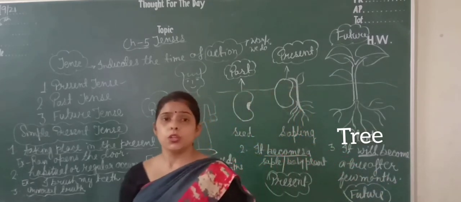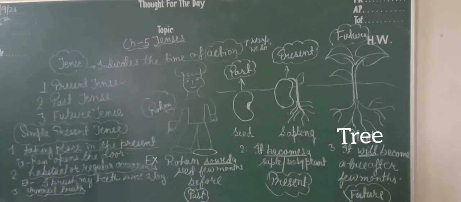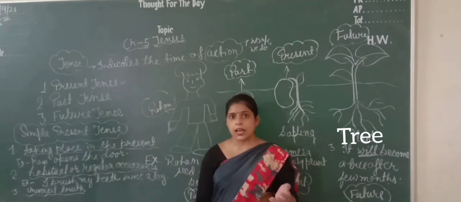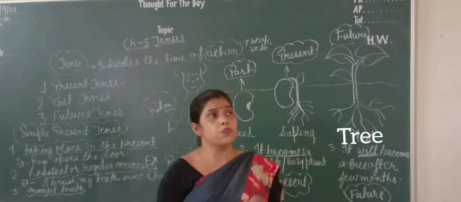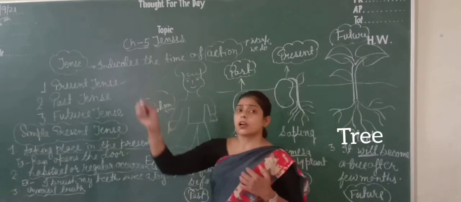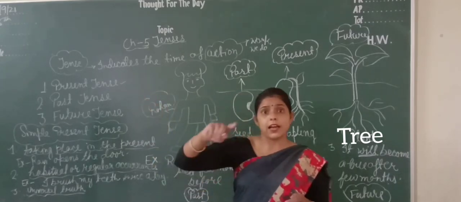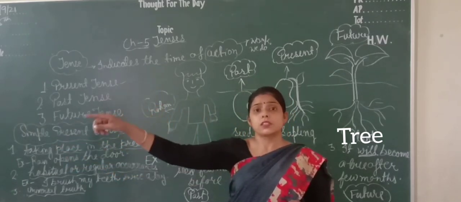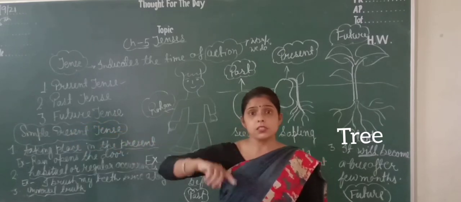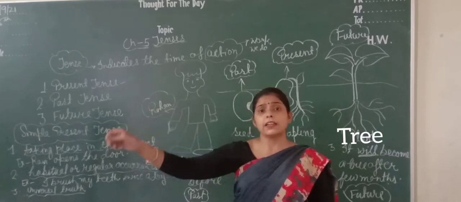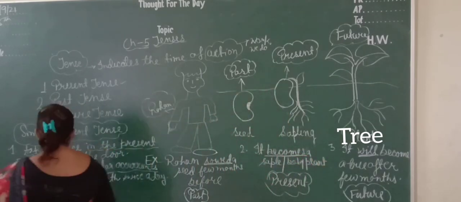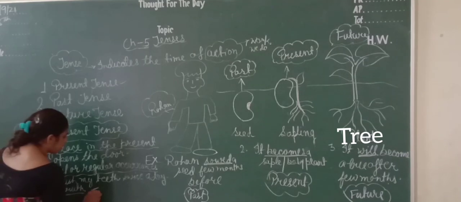For example, we cannot change the sun's direction. Sun rises in the east, this is universal truth. Sun sets in the west. The stars twinkle at night in the sky. These are universal truths which we cannot change.